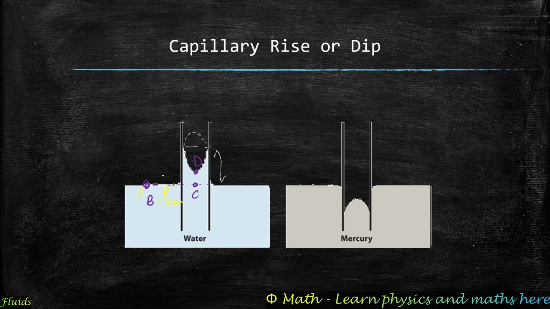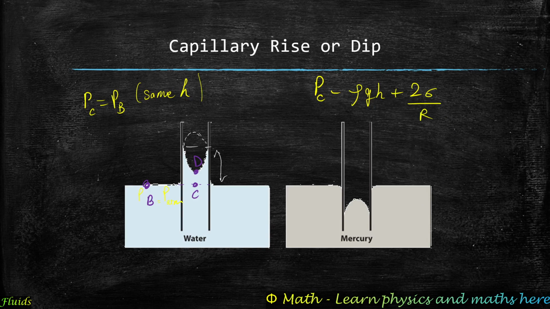Okay, and we know that P at C is equal to P of B because of the same height, and also because we can make a path through the water between them. So from here, if we want to go from C to B, we just need to decrease pressure. So P of C minus rho g h plus 2 sigma by r, the excess pressure of the bubble, is equal to P atm.